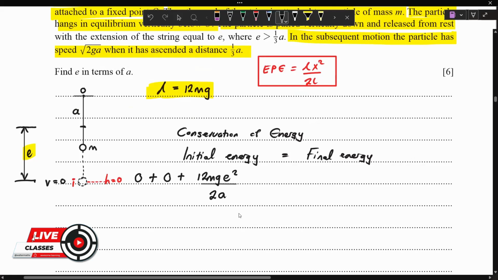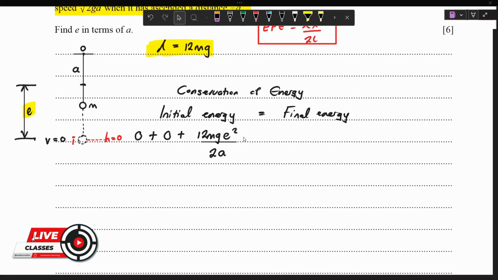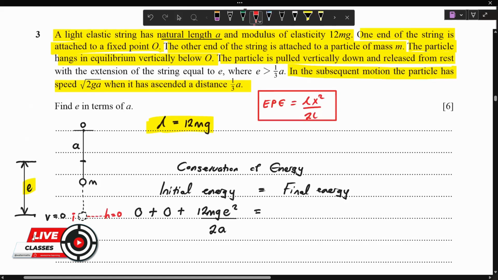All right, so let's continue. That's going to be equal to the final energy. Let's have F somewhere along the way after the particle has been released. So say it is somewhere here. This is the point F where the particle is.